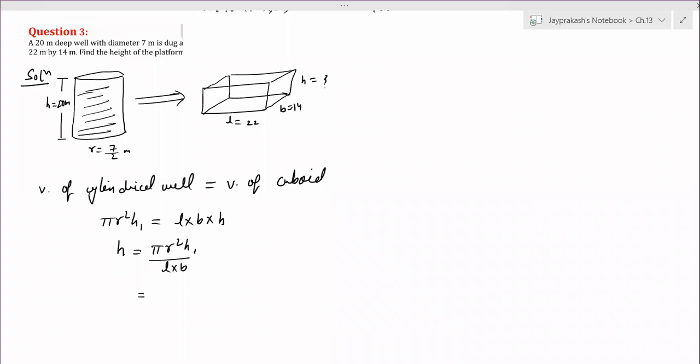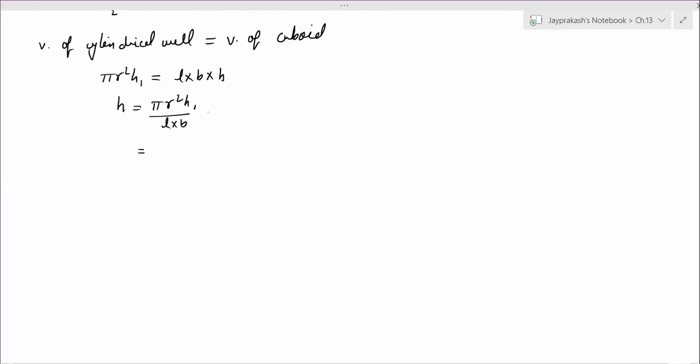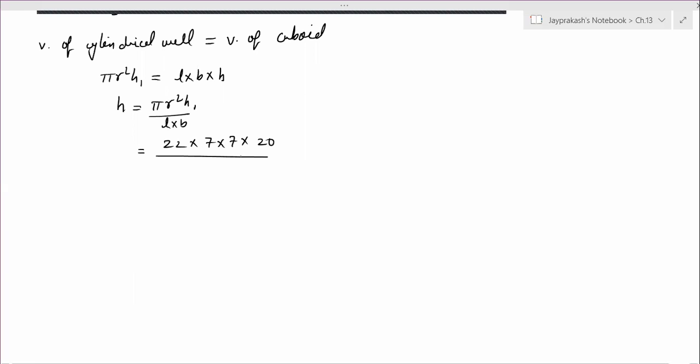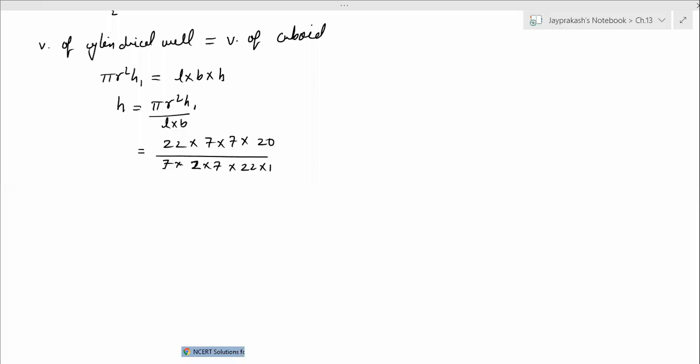Now substitute the values. We are given pi is 22 by 7, the radius is 7 by 2, the height is 20 meter, length is 22, and breadth is 14.